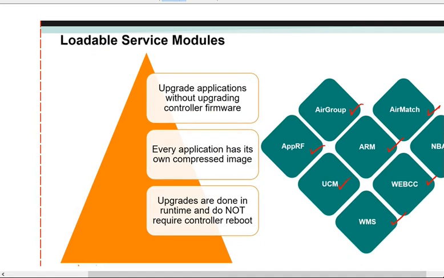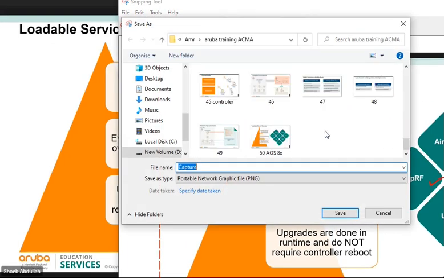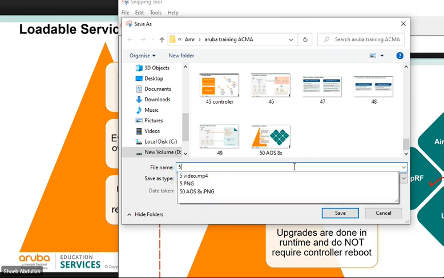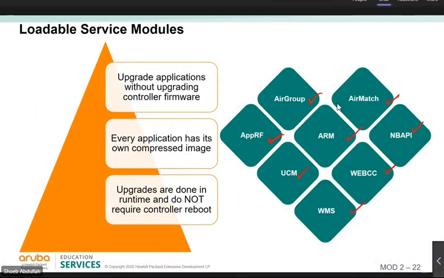AppRF is like a typical application. What does it do? AppRF is a control and visibility feature which uses deep packet inspection on your traffic. Whatever traffic different clients are sending, it will perform deep packet inspection, and whatever application they are using or working on, it will show you an intuitive dashboard on your mobility master. It will be able to detect around 1500 applications in your production.